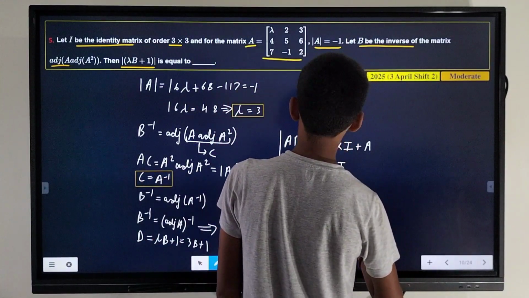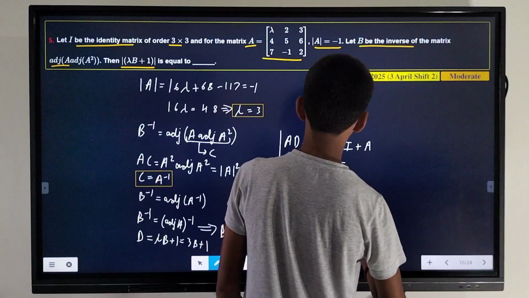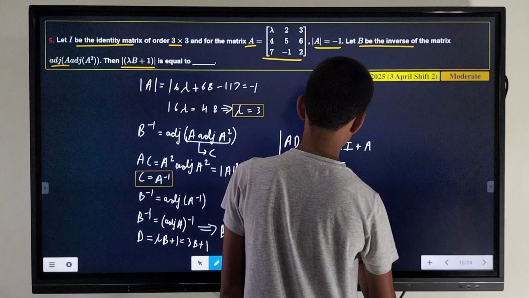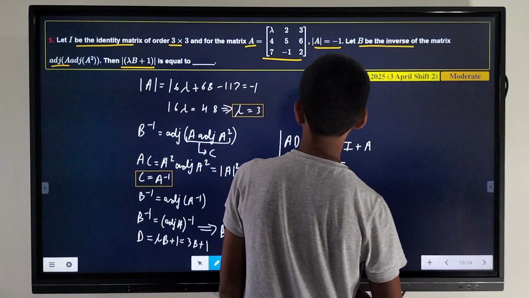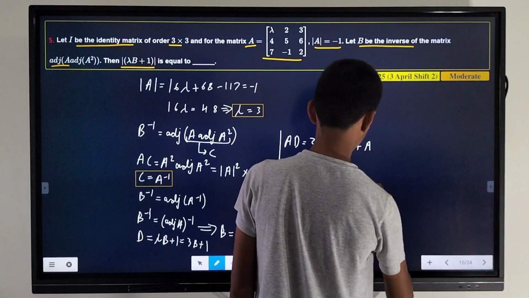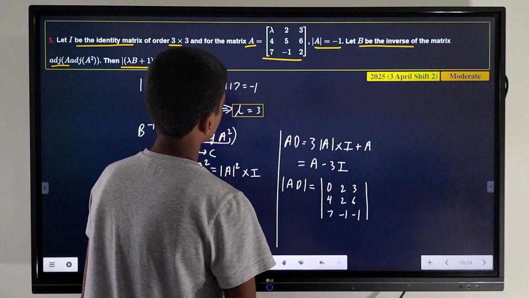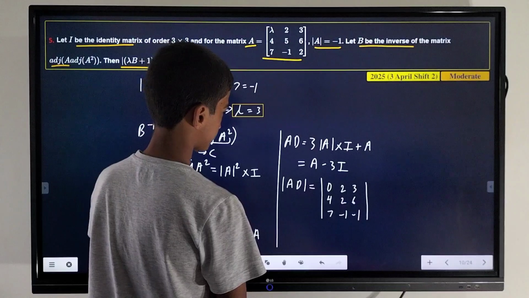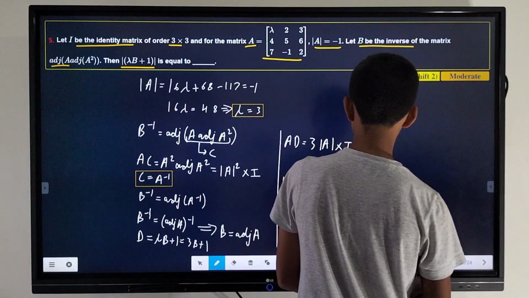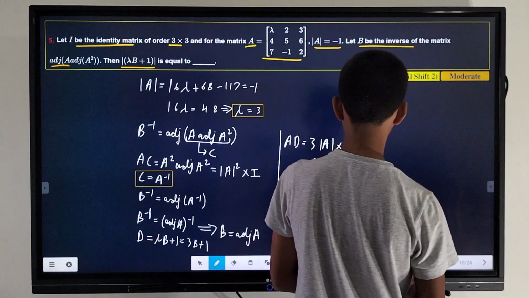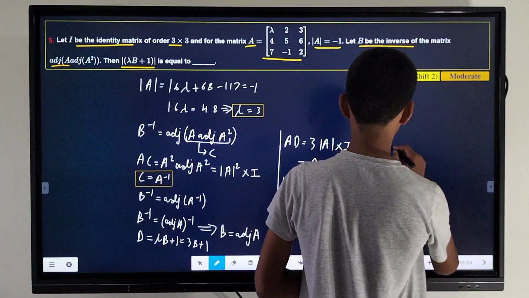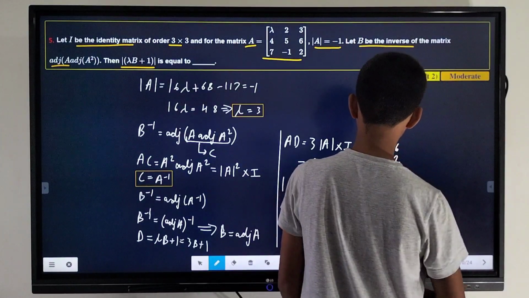2, 3, 4, 5 minus 3, 2, 6, 7 minus 1, 2 minus 3 minus 1. So this determinant is equal to 2 times 46 into 2.